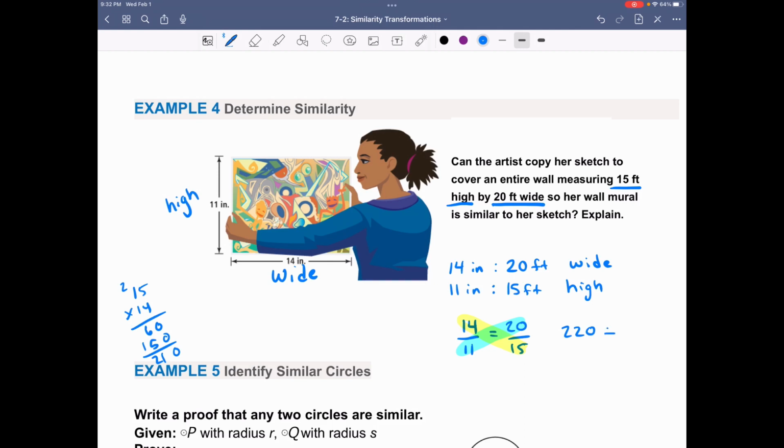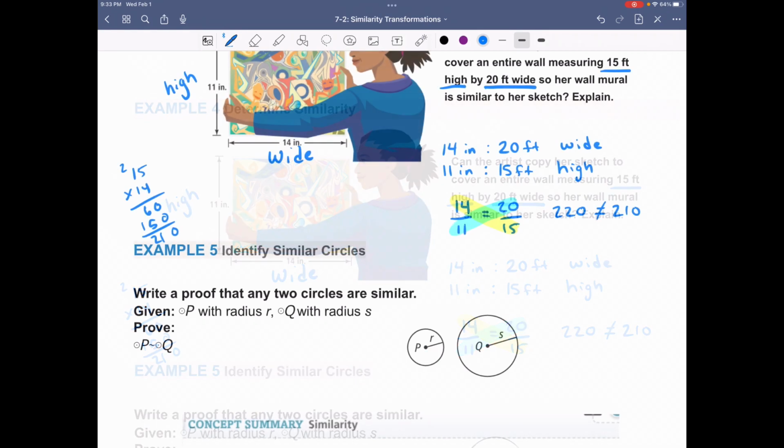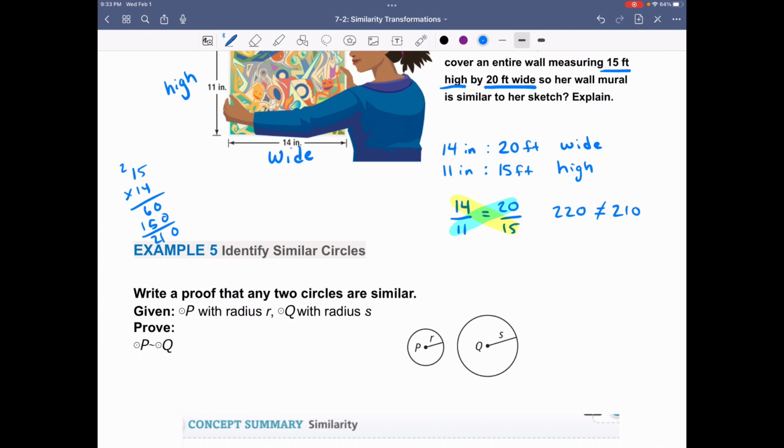So these are not equal if I did my multiplication correctly, which means that the picture will not fit perfectly. It's not similar to the size of the wall. So she would have to make some adjustments to her painting if she wanted it to fit. Our last example is example 5.